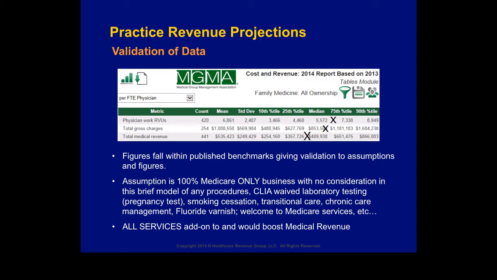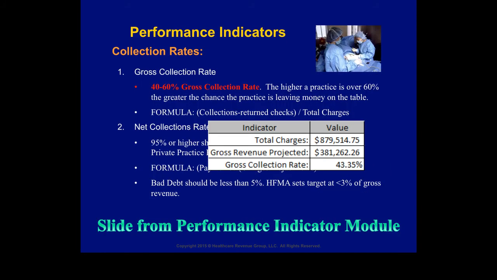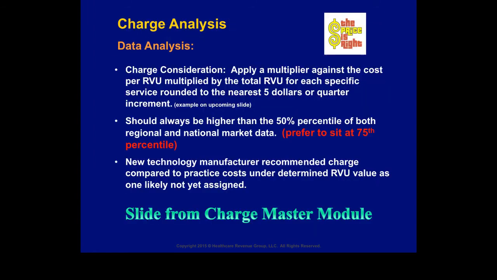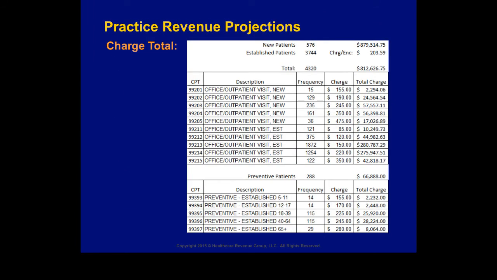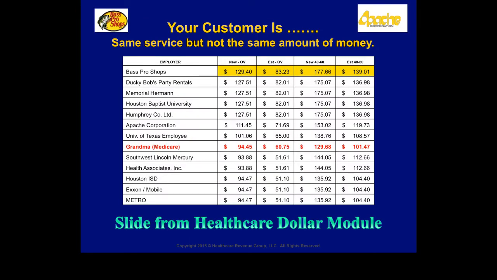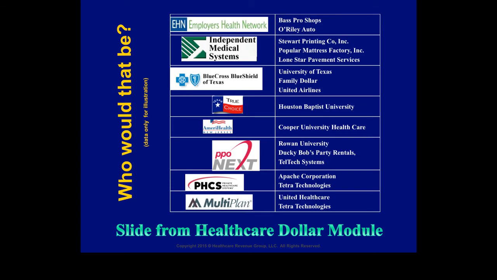Everybody would be saying Bass Pro Shops, at least in this example, because to get that X back up there, there's a couple things I need to do. We need to either get our compensation per unit closer to what a physician would be paid, which would also include changing your payer mix to more self-funded employer groups where the networks you're contracting with are paying you at 100% of the physician rate.